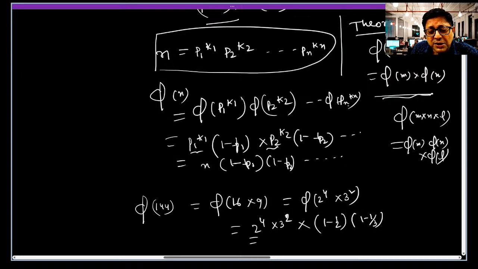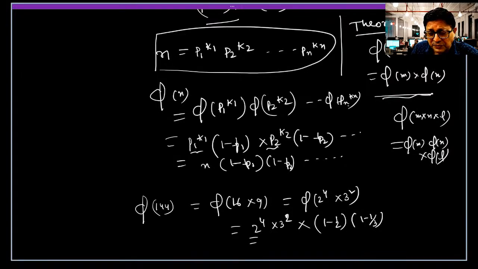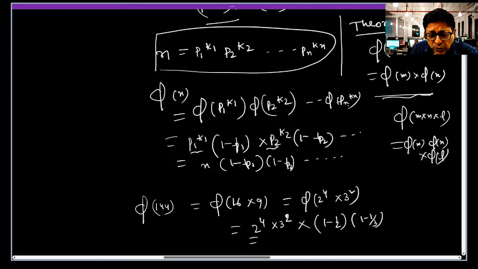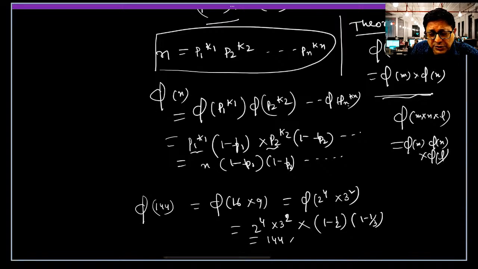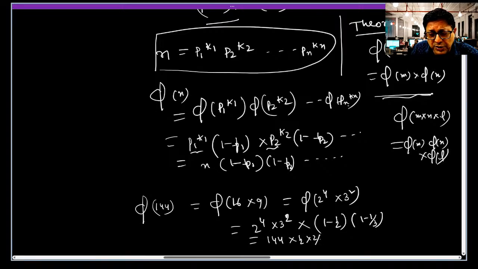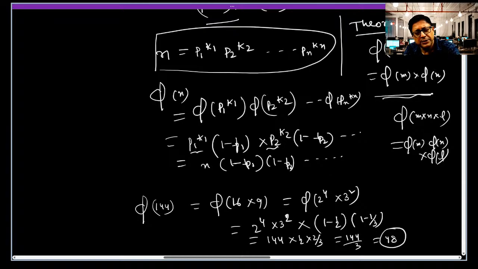So this is 144 into half into 2/3. So it is 144 by 3. This is 48. So 48 numbers are there less than 144 and they are all prime to 144. Any number you can do this way. Okay.